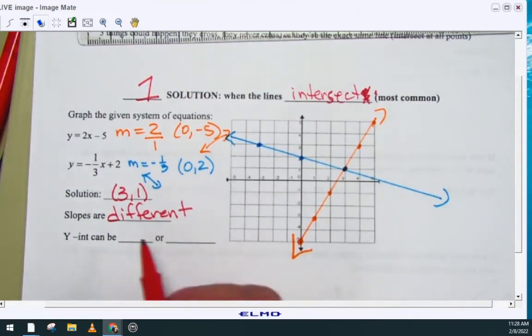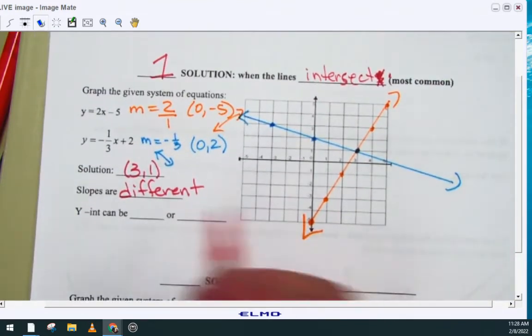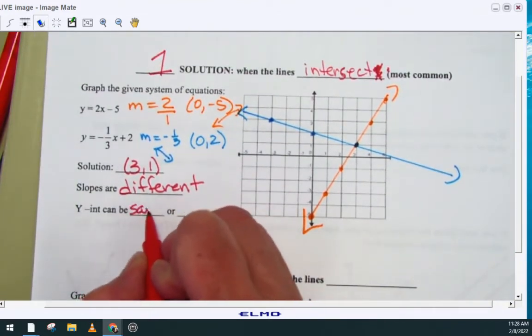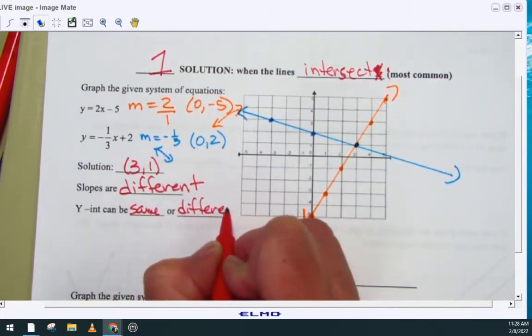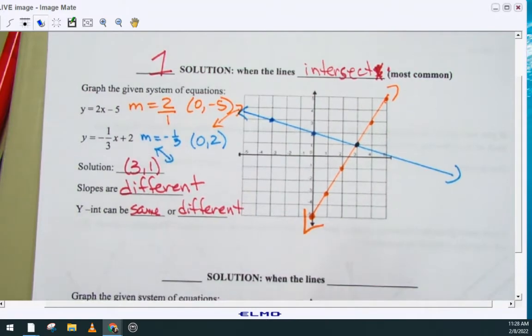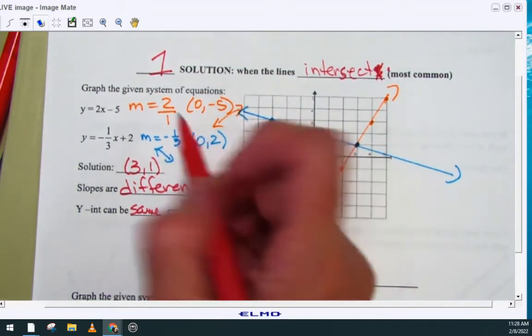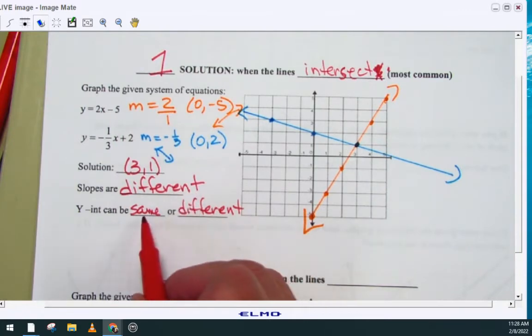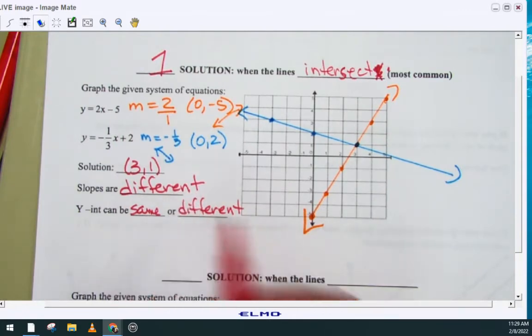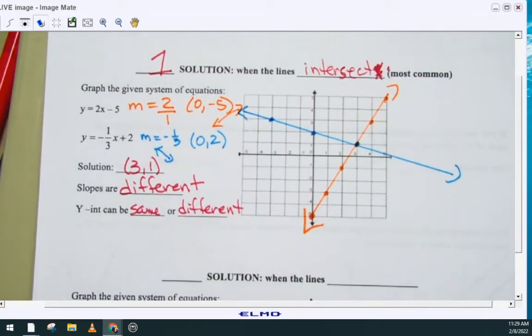On this one, the y-intercepts could actually be the same or different. So if there is one solution, the slopes are different, and the y-intercepts could be the same or they could be different.